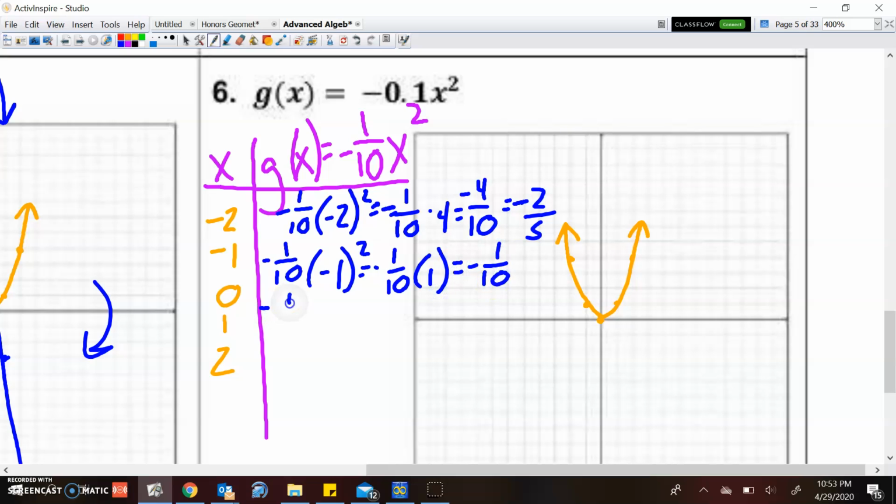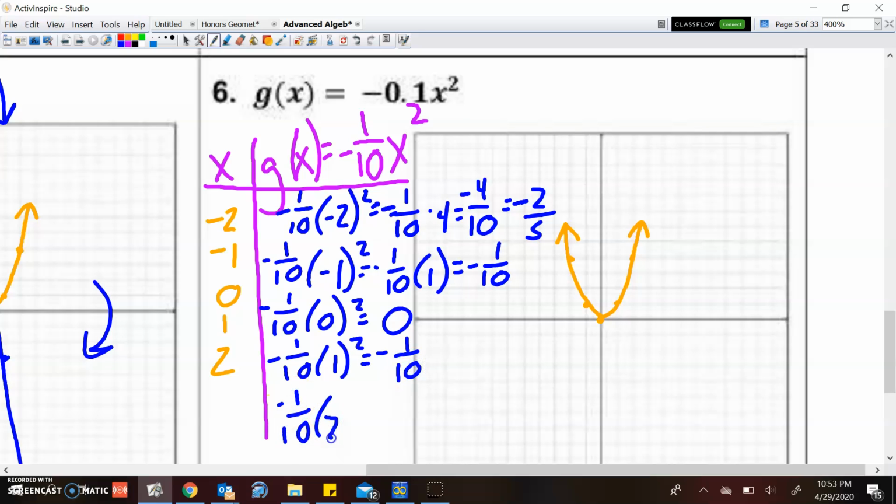This one's going to be -1/10 times 0 squared, which ends up being 0. Then this is just -1/10 times 1, so it's -1/10, and -1/10 times 2 squared, -1/10 times 4, so it's -4/10, or again, -2/5.